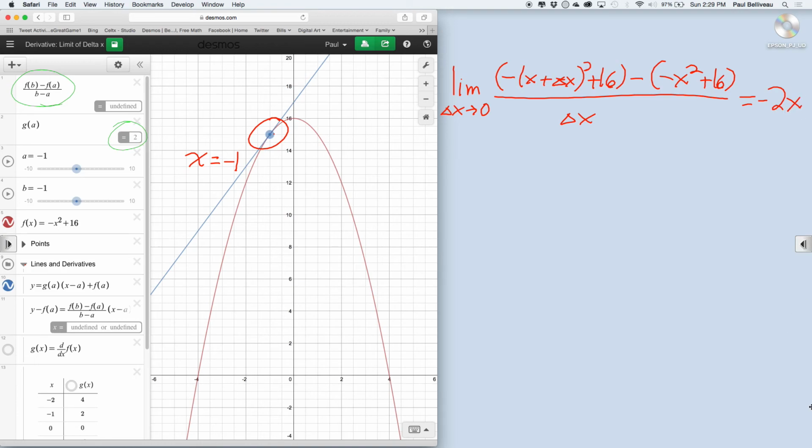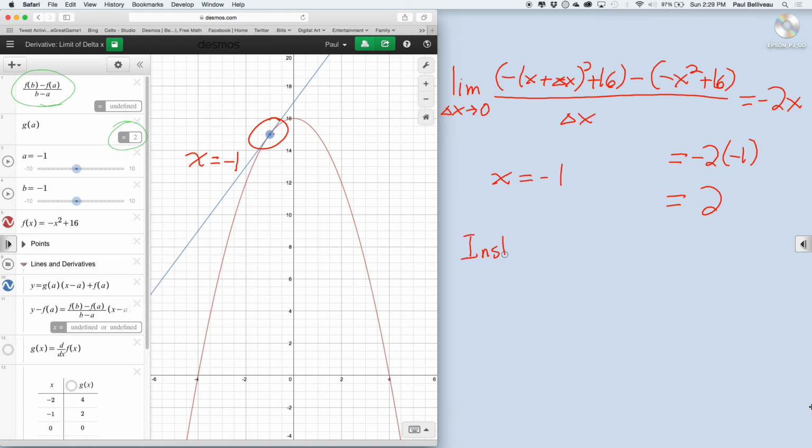We don't have to redo that algebra. If we want to know the instantaneous rate of change at the point x equals -1, then this expression up here equals -2 times -1. The instantaneous rate at that point is +2. That is your instantaneous rate of change.